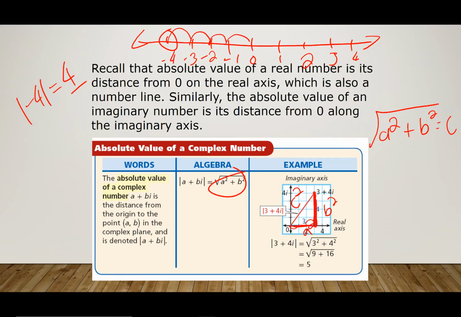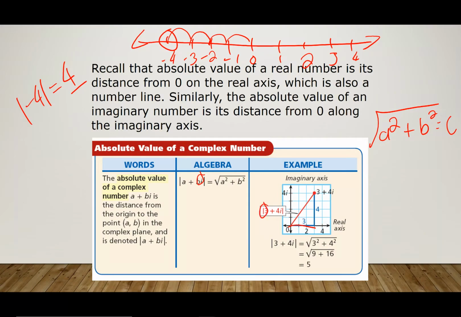All right, so that's a pretty basic formula, and that's where it stems from. But to find the absolute value of a complex number, we're going to use that Pythagorean theorem to help us out. Now notice that even though the complex number has an i in it, we don't actually use the i when we're plugging it in. All we're plugging in is the a and the b part, because those are just essentially the distances of the legs, right?